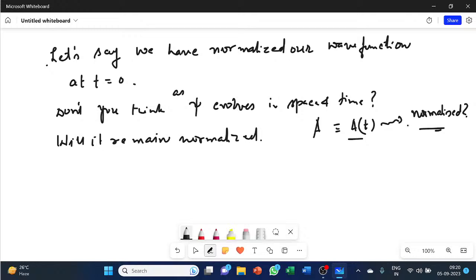Okay, so one of the important properties of the Schrodinger equation is that it preserves the normalization constant. So I'll write it here.